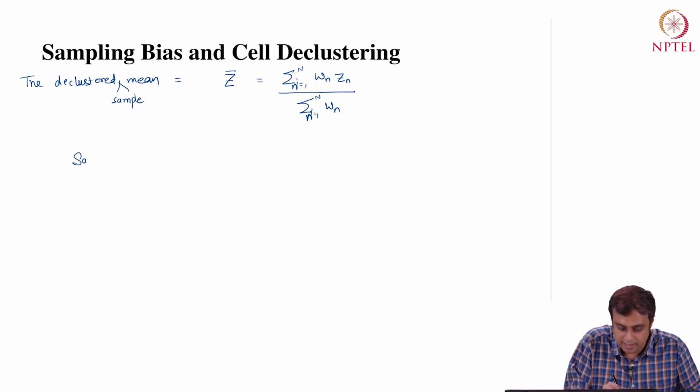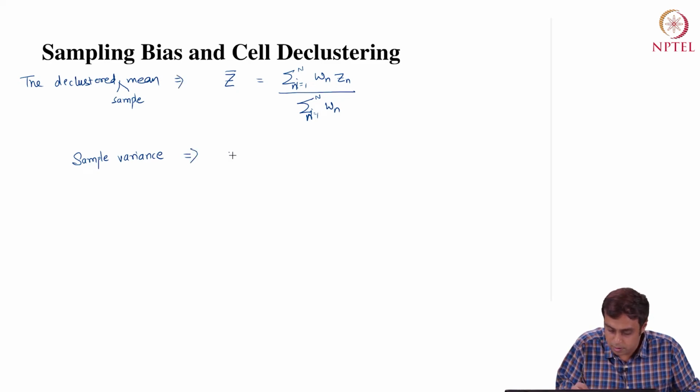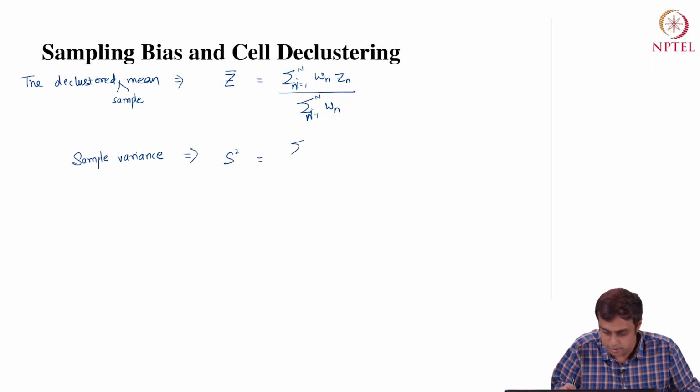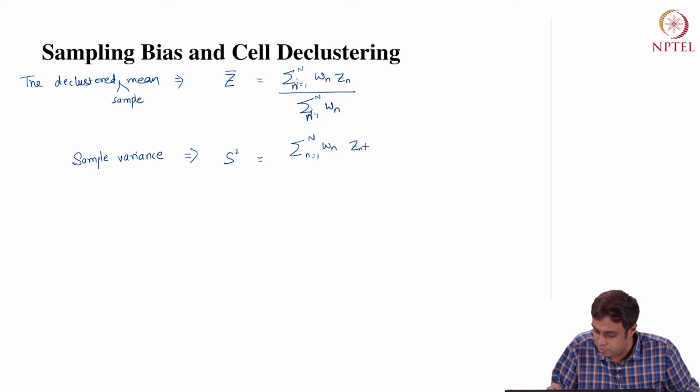I can also define sample variance. Let us say this will be S squared equals summation n equals 1 to capital N Wn times (Zn minus Z bar) squared.